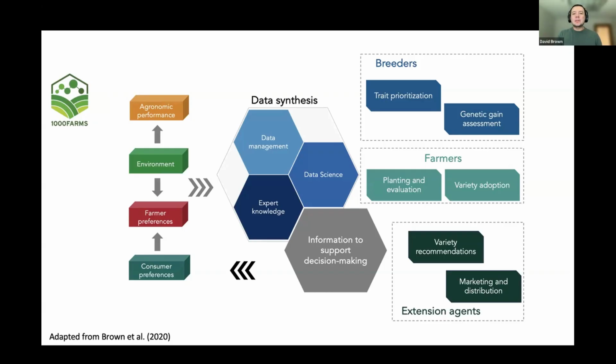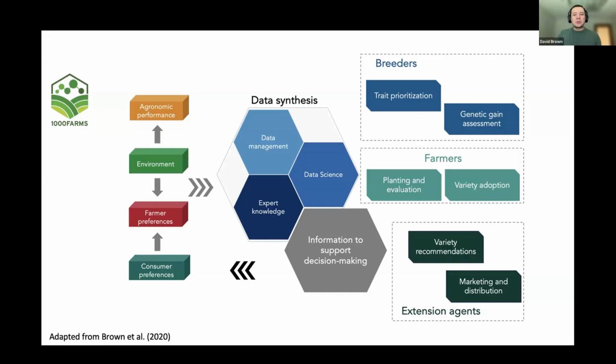At the center, you can see the main elements involved in the data synthesis framework: data management, expert knowledge, because we need a lot of domain knowledge to make sense of the results we get from the models, and data science.